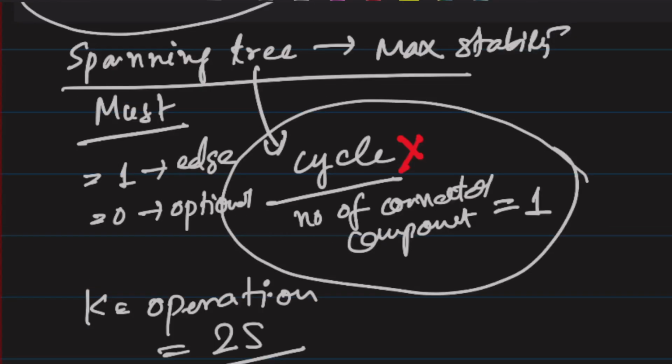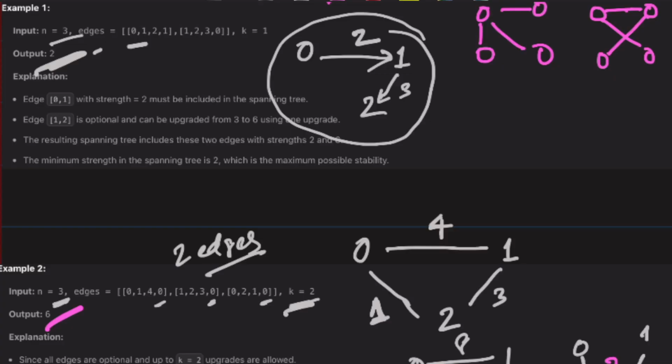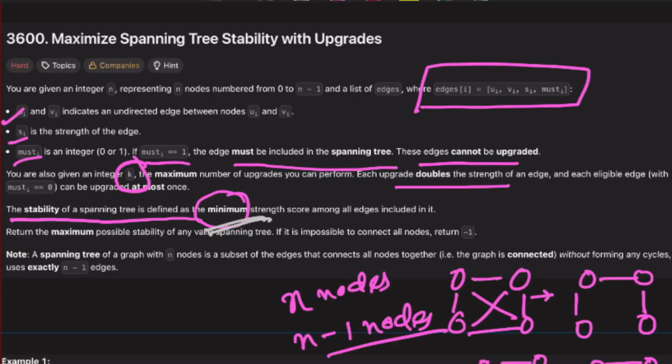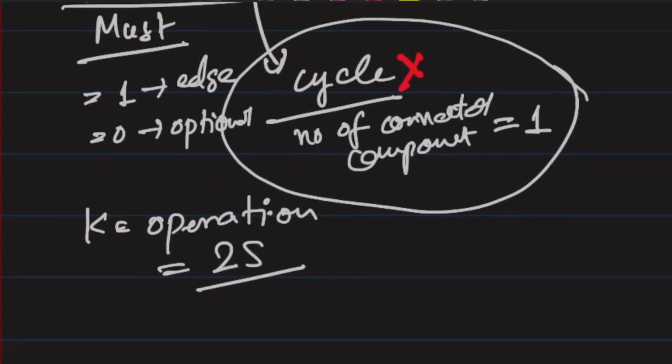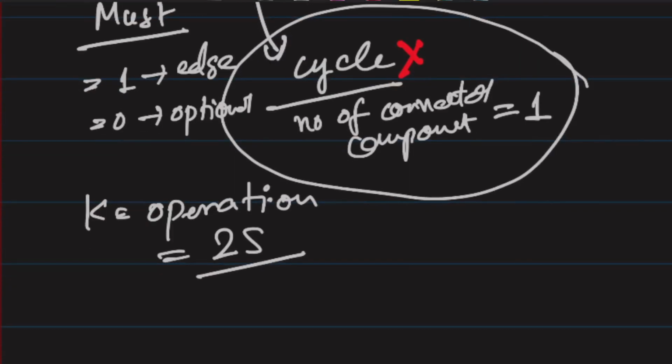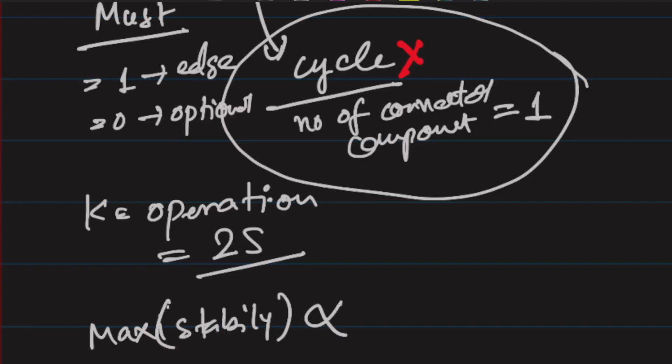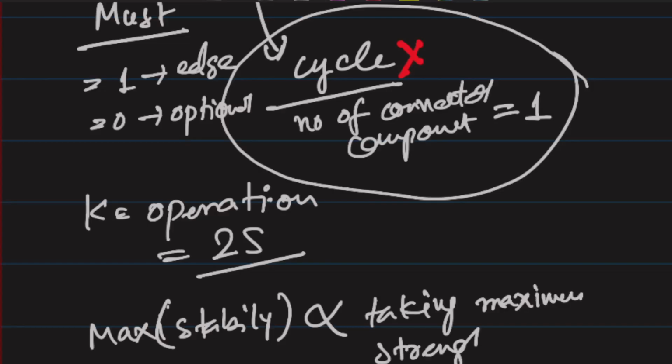As the definition says, the stability of a spanning tree is defined as the minimum strength of the edges, and we have to maximize it. So during constructing the spanning tree, as we have to maximize the stability, it is directly proportional to taking maximum strength edges.